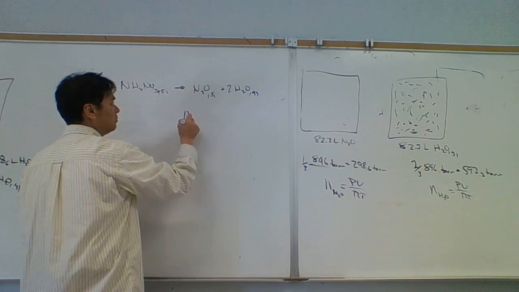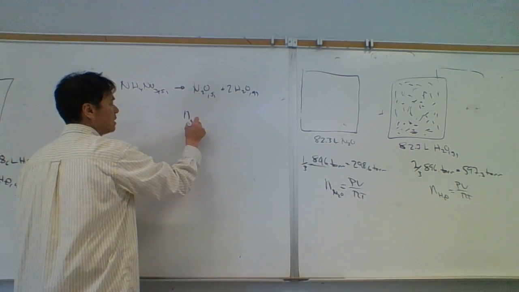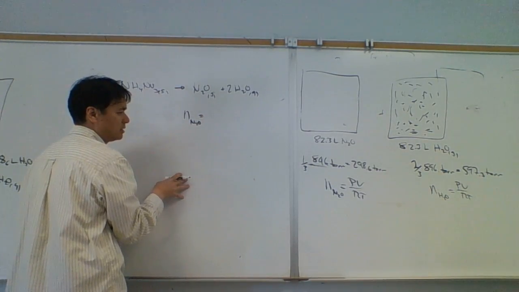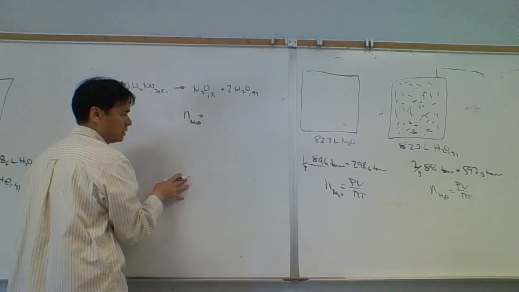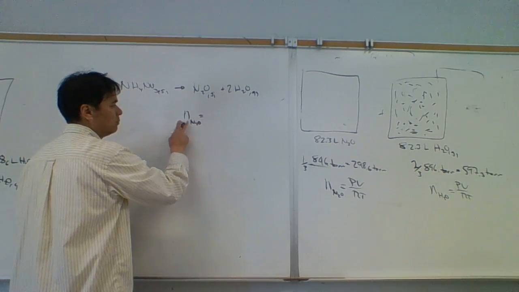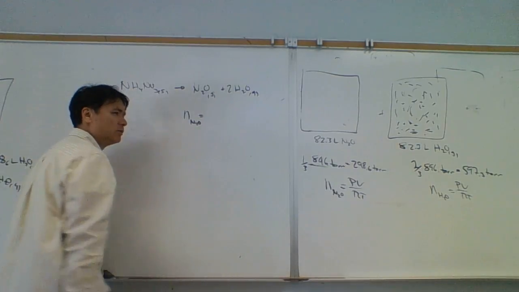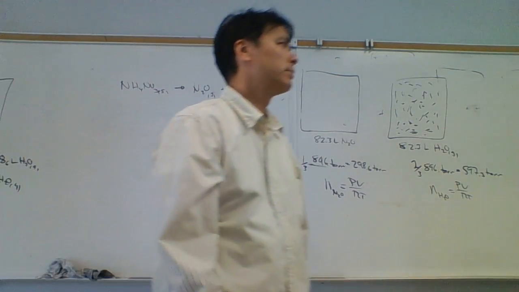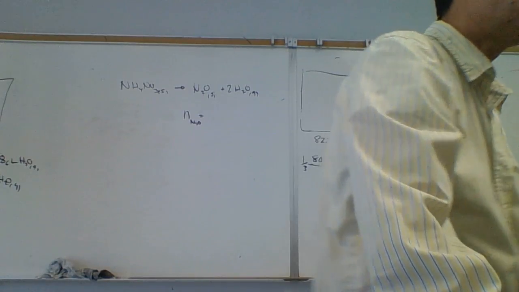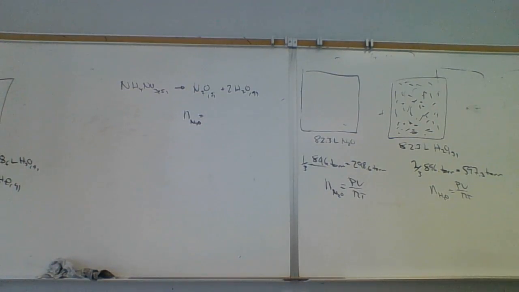But the way we're going to figure out the moles of nitrous oxide is we're going to use the ideal gas law. So in this case, it doesn't lend itself as easily to using the molar volume. So I'm just going to go for moles of nitrous oxide, although we could do a molar volume too. If we did a molar volume, it would have worked if we visualize this as an Avogadro's.